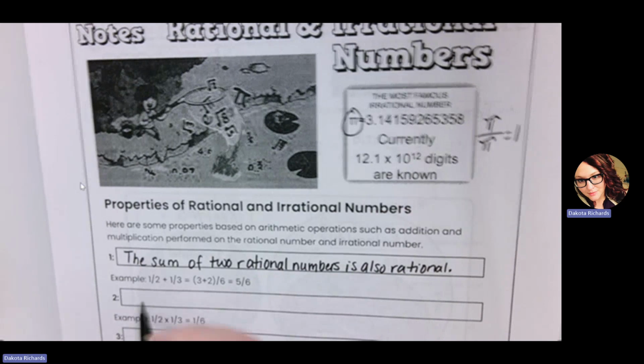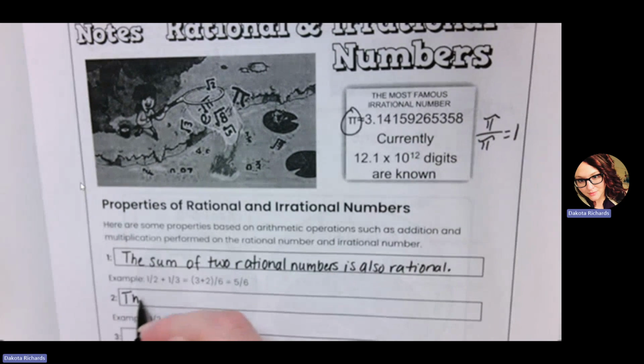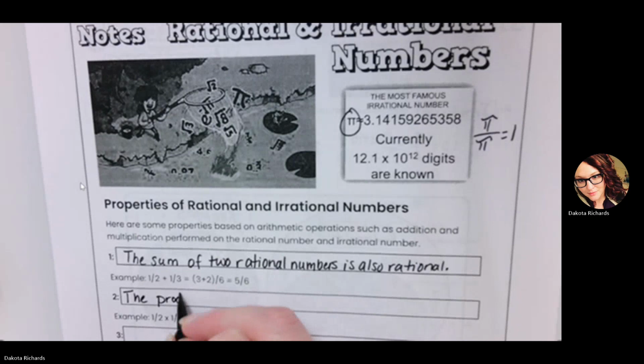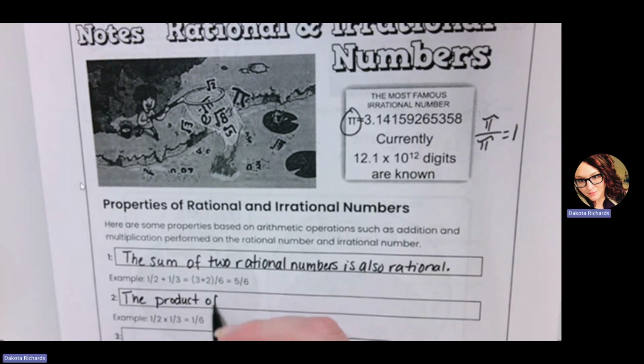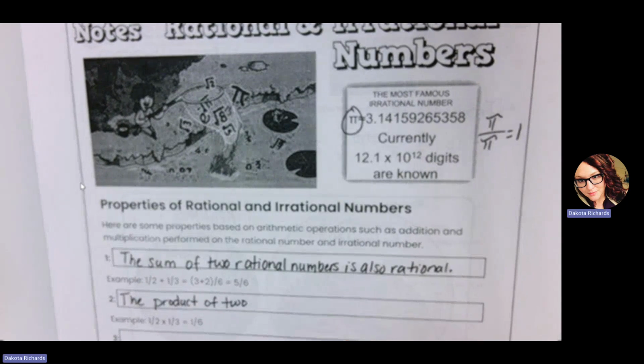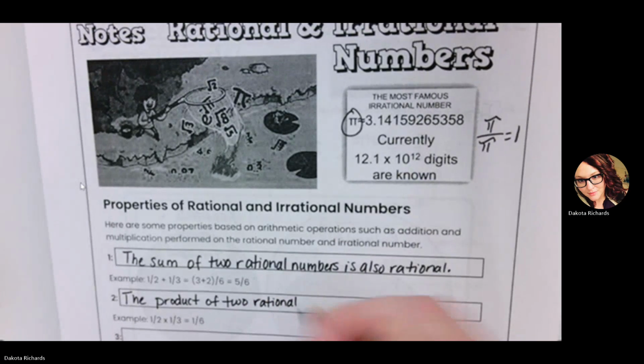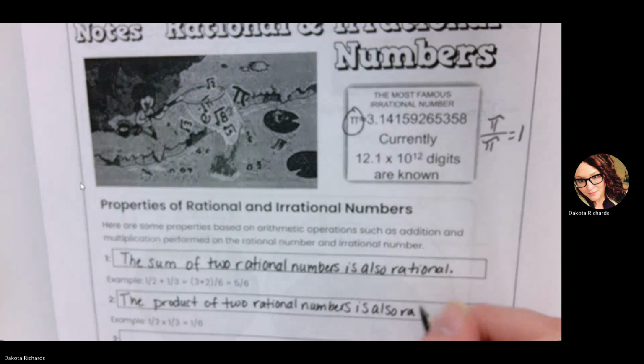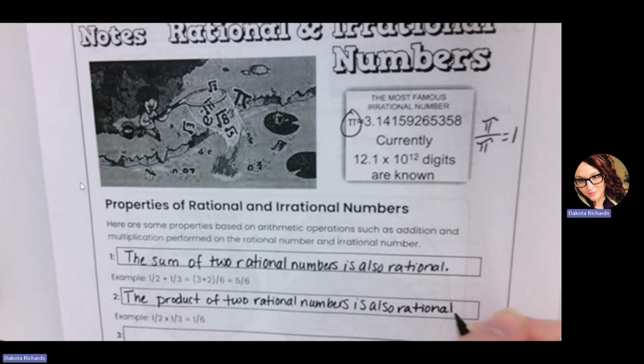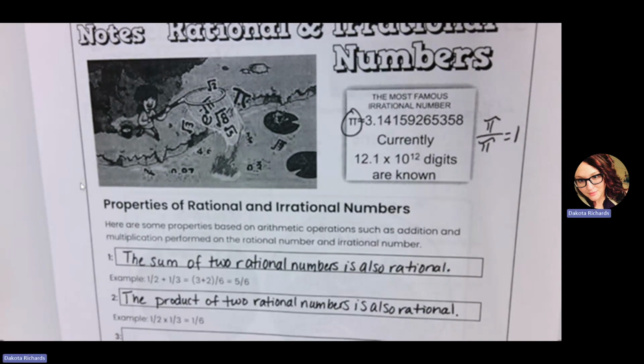Number two, the product, when we're multiplying, the product of two rational numbers is also rational. Okay, so if you had 1/2 times 1/3, that's 1/6. Again, all of those are rational. You go down.